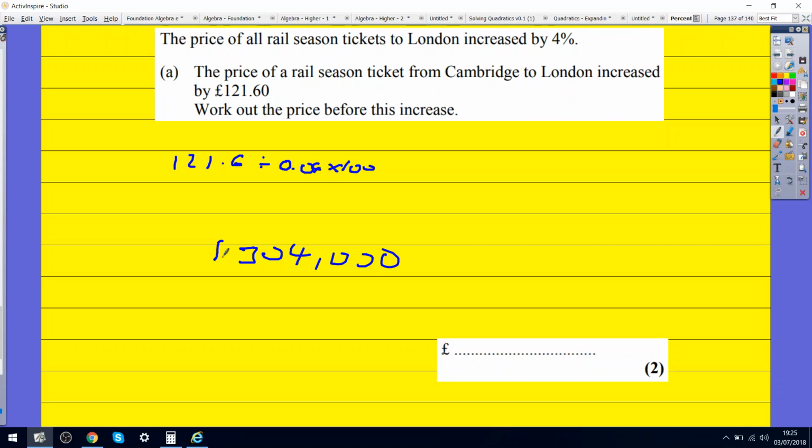So, yeah, I think I might have said something like 4% equals 121.60, and then times both sides by 25 or something. Okay. Yeah. Just make it equal to the thing.